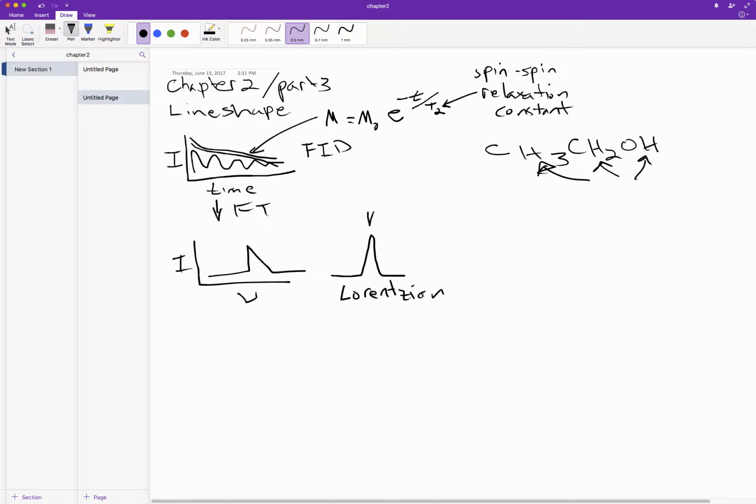And we characterize this peak with v0, its frequency, and maybe h, its height. But most importantly, well, actually, the frequency is the most important. But the second important thing is its width at half height. And in NMR, really, NMR is limited in its capabilities by line width.